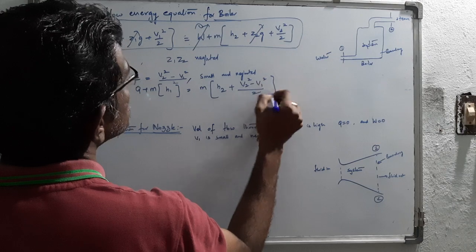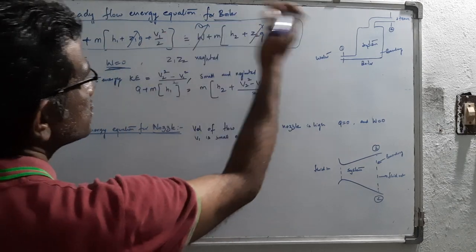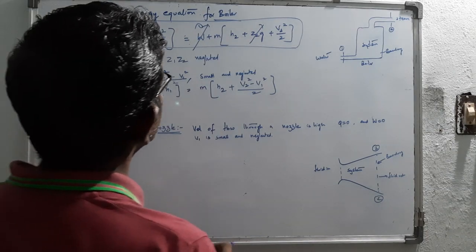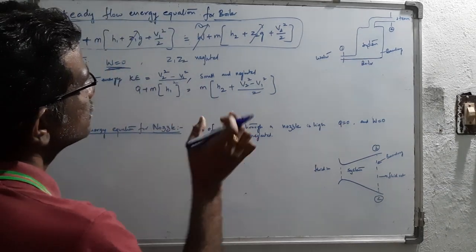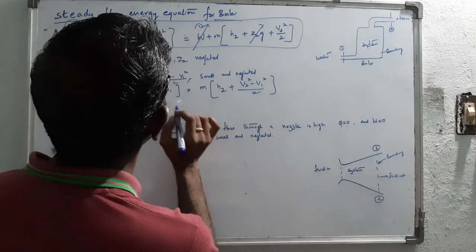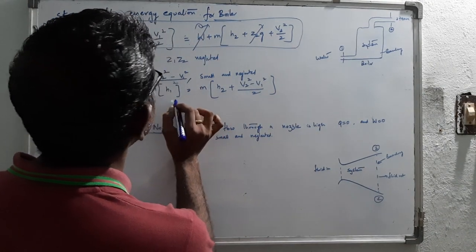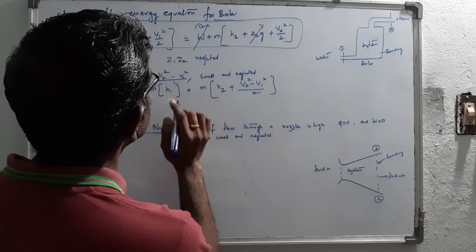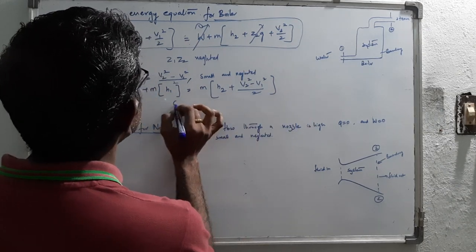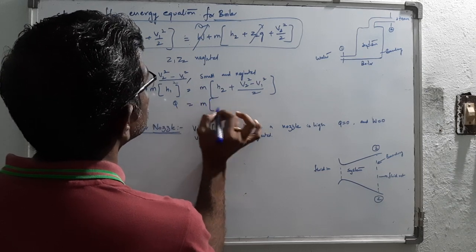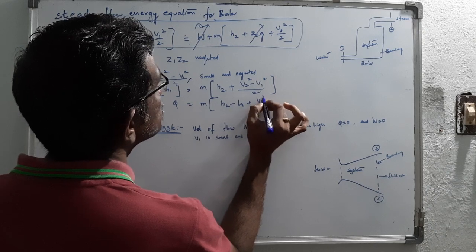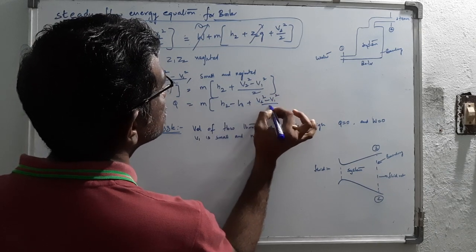Can I write it like this? Taking V1 squared to this side, m is common on both sides. Can we generalize further? Taking h1 also to this side, Q equals m into (h2 minus h1 plus (V2 squared minus V1 squared) by 2).